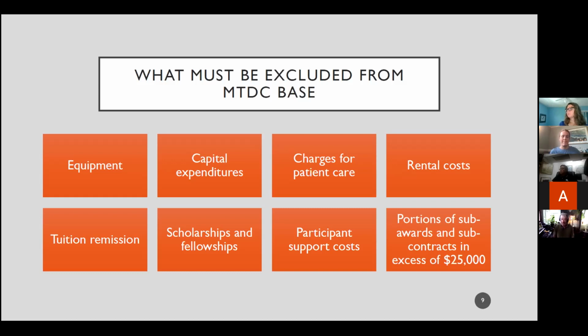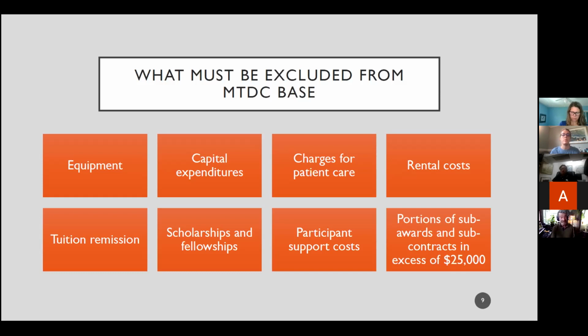It includes rental costs, and HUD has defined rental cost to mean not just rental on office space that you rent for your case managers or other services for your organization, but HUD has determined that rental costs also mean rental assistance, leasing assistance.